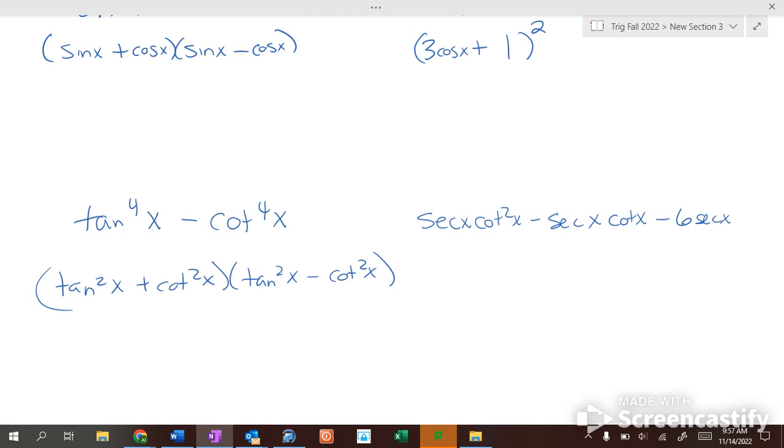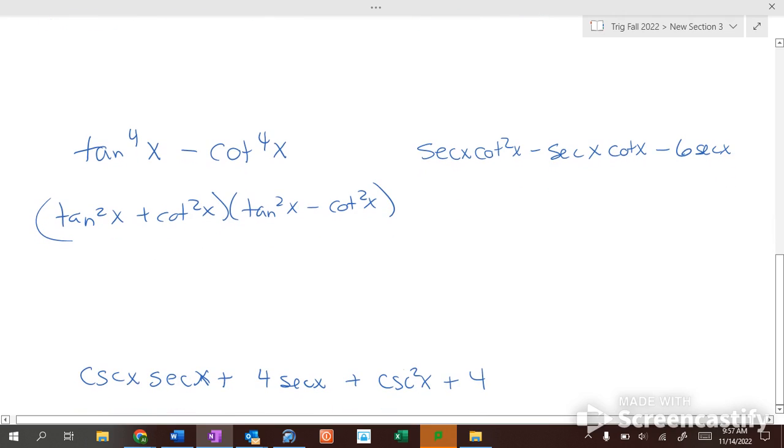But not so fast, my friends, because we're not quite done with this. What else can we do? We can factor some more, can't we? What can we factor more? Can we factor the first term? Nope, because that's sum of squares, and sum of squares does not factor. We're stuck there.